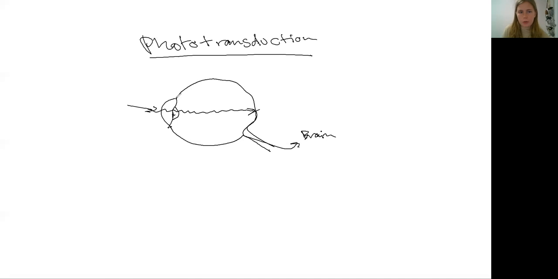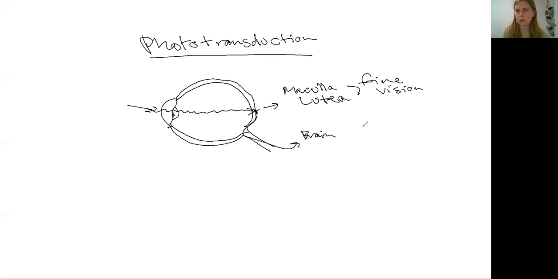Anyhow, right around the eyeball, all around, is your retina. And there's this part of the retina called the macula lutea. The macula lutea is like your fine vision, or your focused vision.